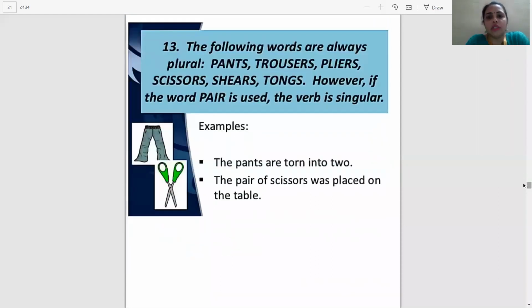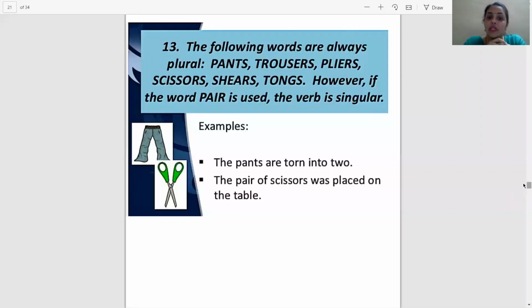The following words are always plural. Always. Which are those words? Pants, trousers, pliers, scissors, shears, tongs, for that matter, sunglasses, spectacles, slippers. We always use them as plural. Even socks are taken as plural.